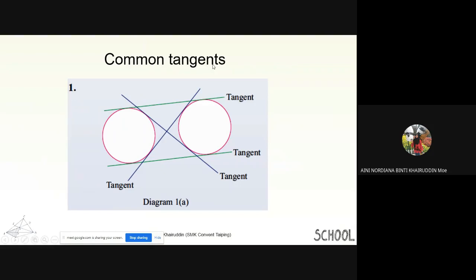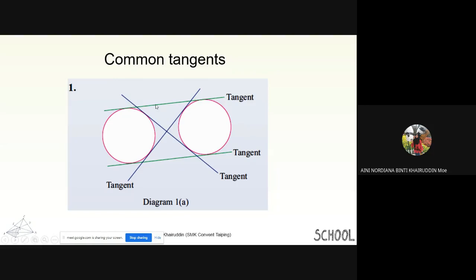Okay, common tangent. Maksudnya, dua circle share one tangent. As you can see here, ada 4 tangent with 2 colours. The green colours only tangent yang pertama, tangent kedua, tangent ketiga, tangent keempat. So dia ada 4 tangent. Dia kongsi lah, maksudnya kongsi tangent yang sama.